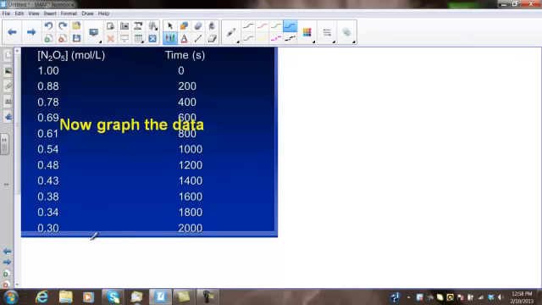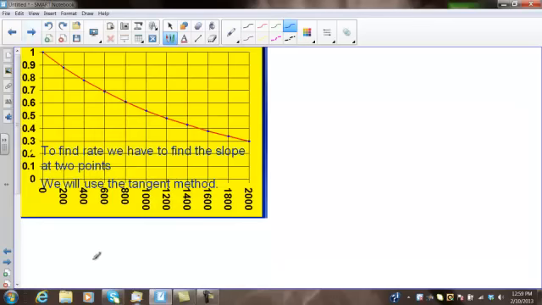If you were given this data of concentration versus time, you would graph it, and you would get a graph that looked like this. To find the rate, we have to find the slope at 2 points, so we'd use the tangent method.